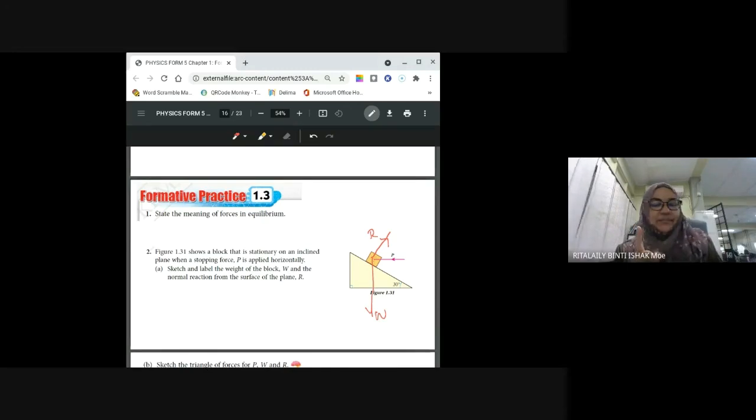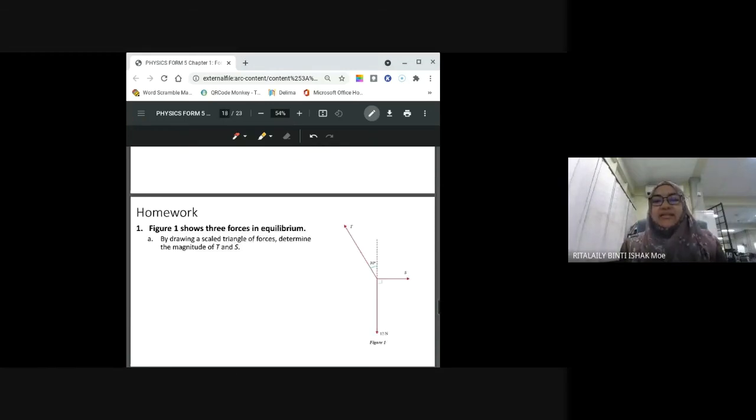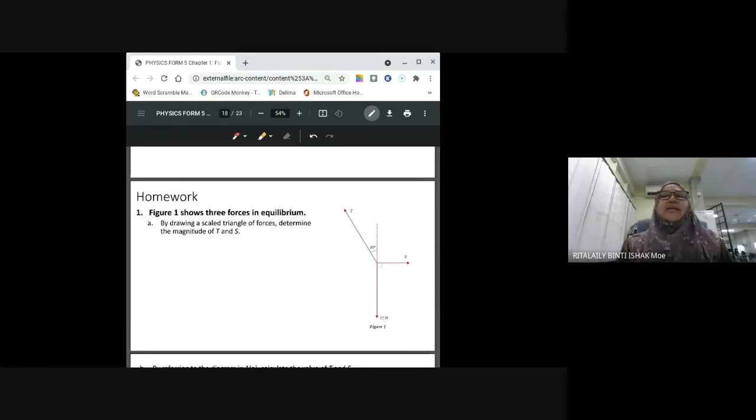Ada lagi yang belum hantar, ramai. Okay, and then the second exercise in the Google Classroom, baru 2 orang dari 5E, baru 2 orang dari 5M. And then the latest homework, exercise 3. The due date for this one would be after Chinese New Year. Okay, so we stop here.